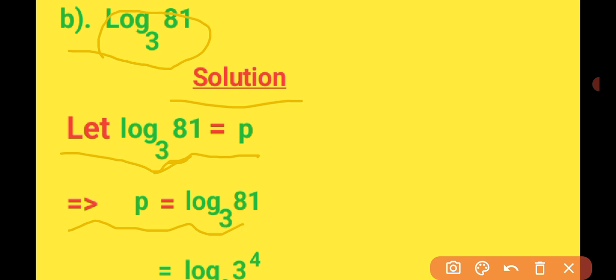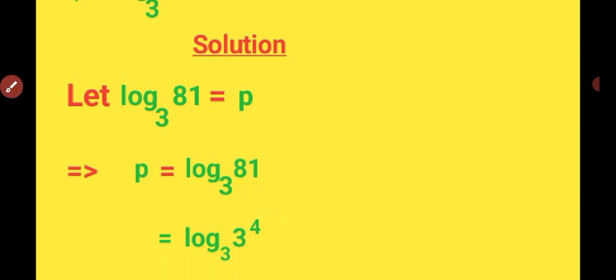So that we can now factorize 81. When we write 81 in factor form, it will be 3 to power 4. You can use the ladder method and find that.